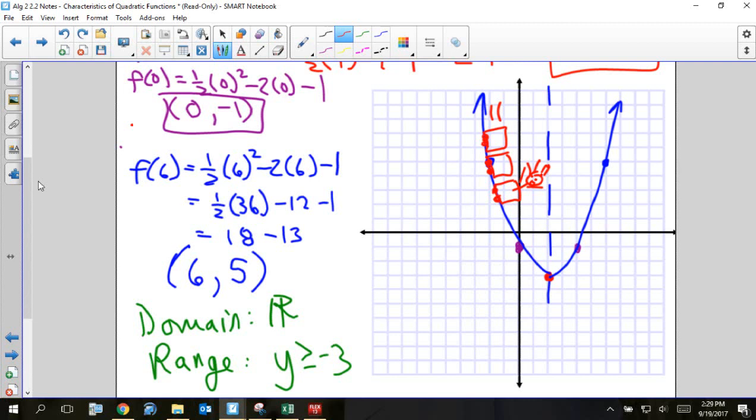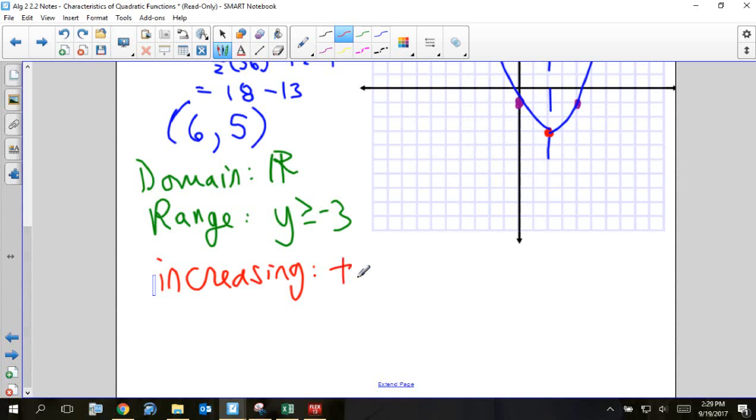Starting from the vertex to the right. Okay, but I'm not going to say of the vertex. I'm going to actually have a number, and I'm not even going to go by the vertex because we're talking left or right. I'm going to talk about the axis of symmetry, which is just our x value. Left or right is always x's. So we're going to say to the right of what x value? 2. So increasing to the right of x equals 2.